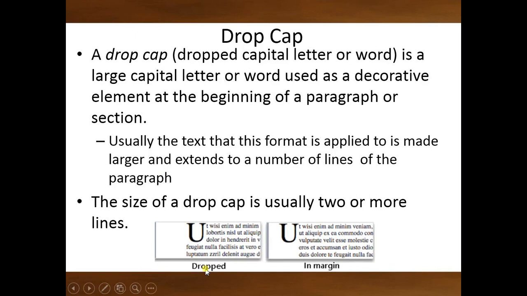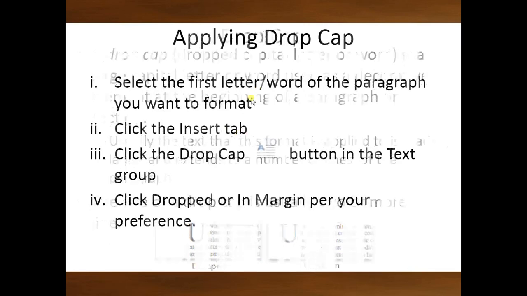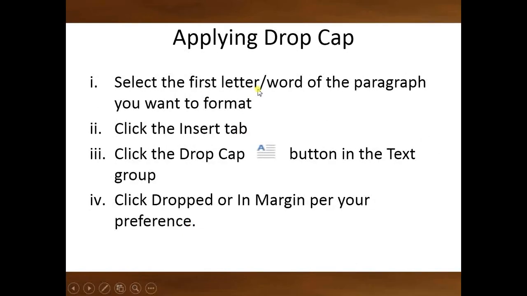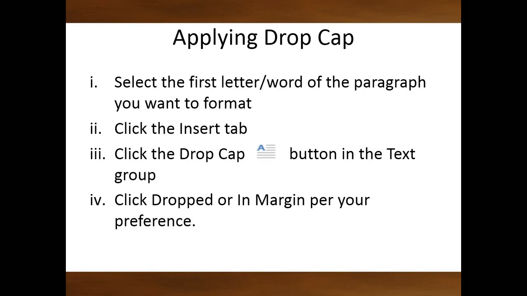Now, there are 2 forms of drop caps that we can apply in Microsoft Word, and these are the dropped, and then we have the in margin. Okay, let us look at how we apply drop cap in our document. The steps are given to us as follows. Step 1, select the first letter or word of the paragraph you want to format.